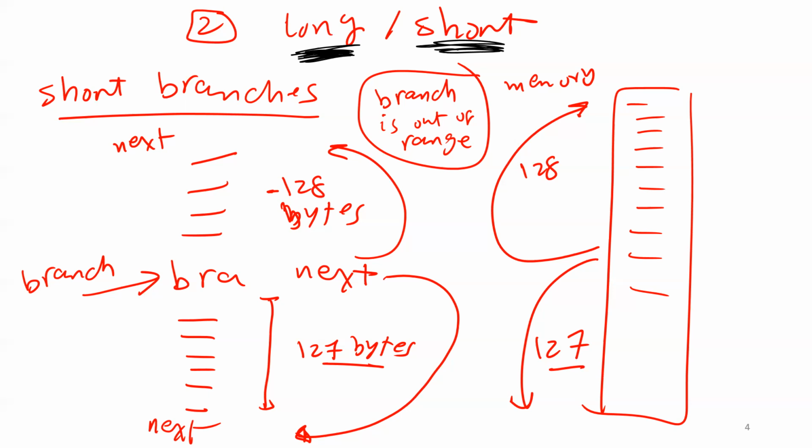Again, all of this is done by the hardware. This is how we jump, and how we implement if, by the hardware. When you do subtraction, the flags are updated automatically by the hardware, and the branch instruction updates the PC to do the branch.